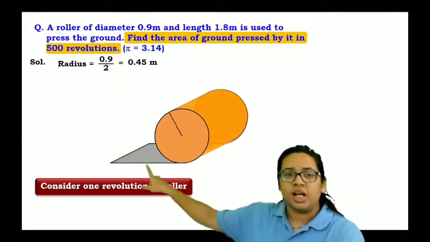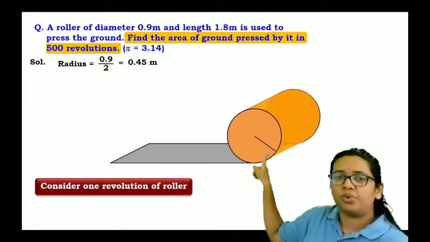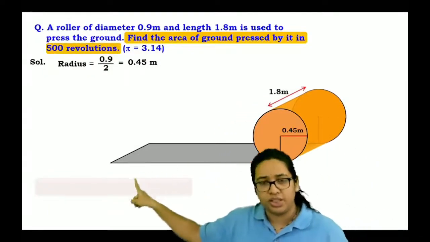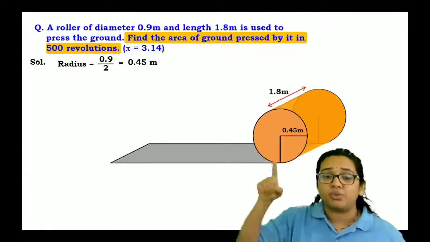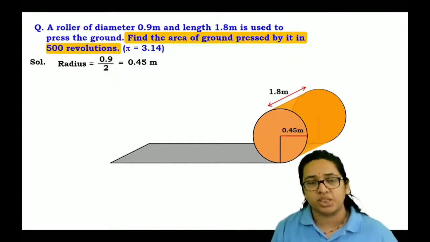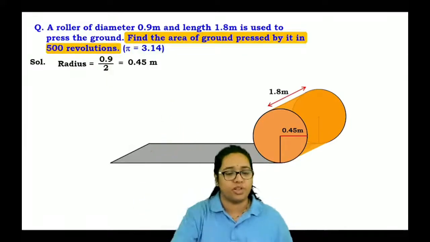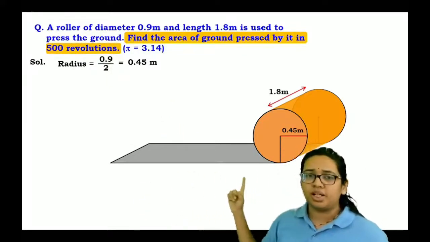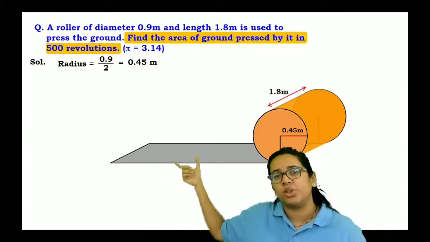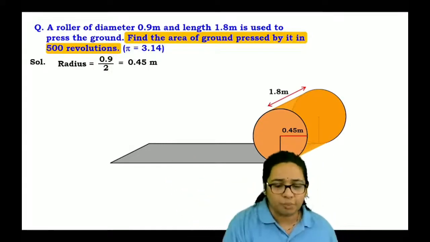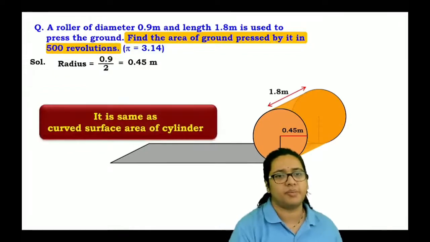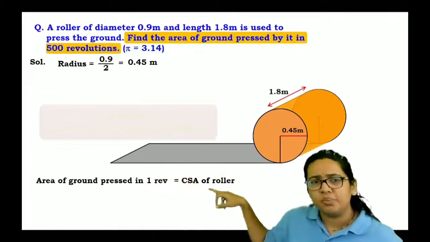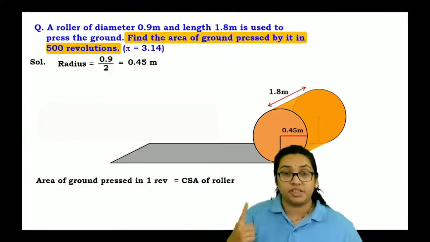See, आप यहाँ से complete start up to this point, it is nothing but area of the ground pressed by one revolution. But the question जो पूछा था, for that आपको 500 revolutions consider करने थे. It means that ये जो one time अगर आप consider करते हो, उसके लिए जो area रहेगा just multiplied by 500. Correct? And ये जो part आपका रहता है, it is nothing but area of the ground pressed in one revolution.